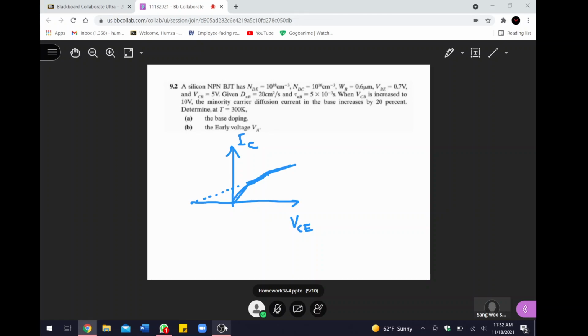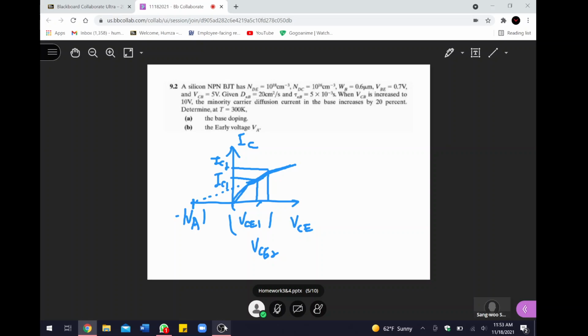Now, let's say we have different bias, this is VCE1 and this is VCE2. VCE1 gives, let's say, IC1, and this is IC2.